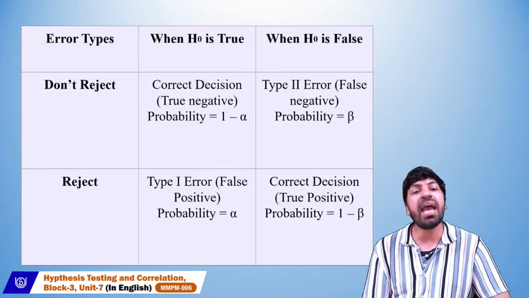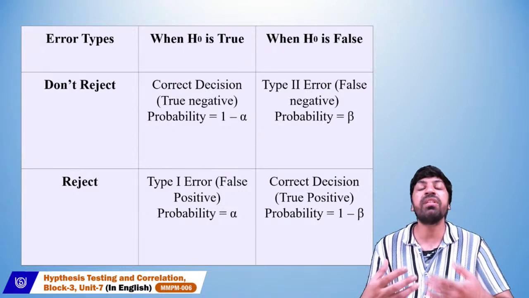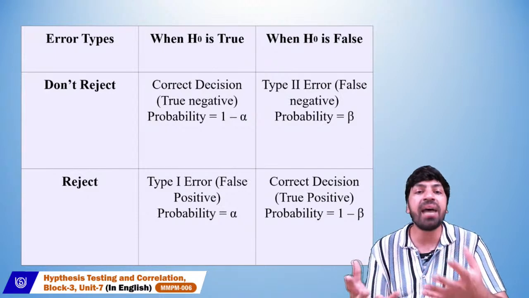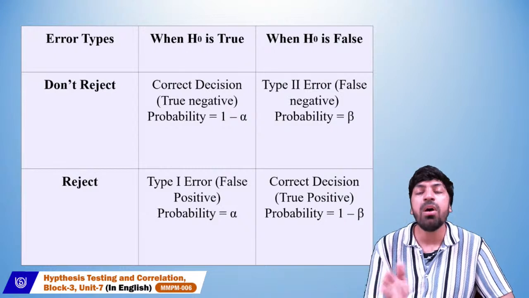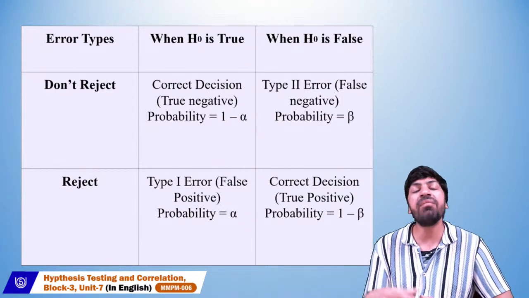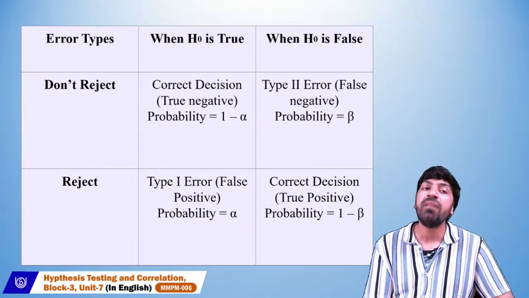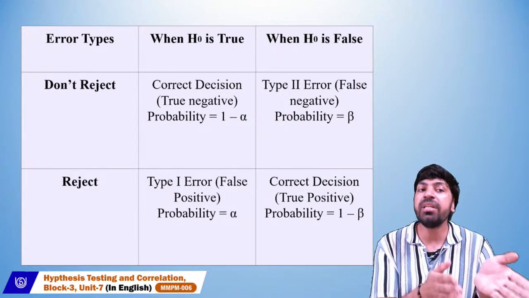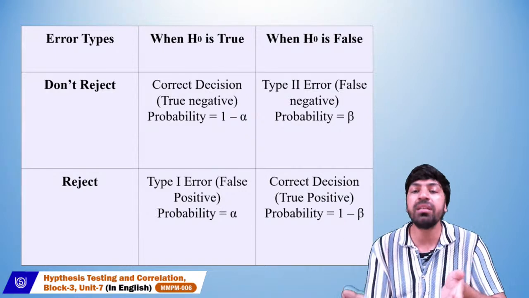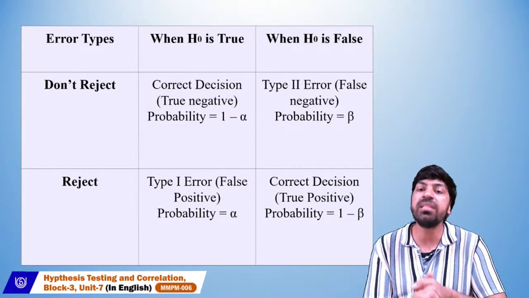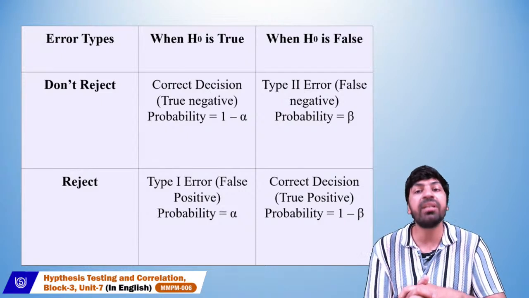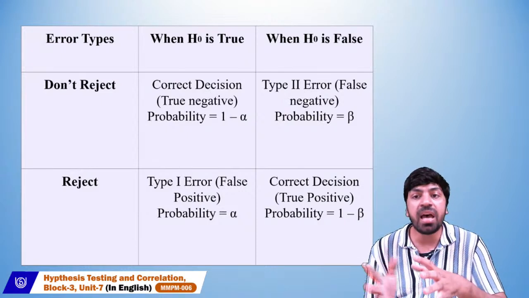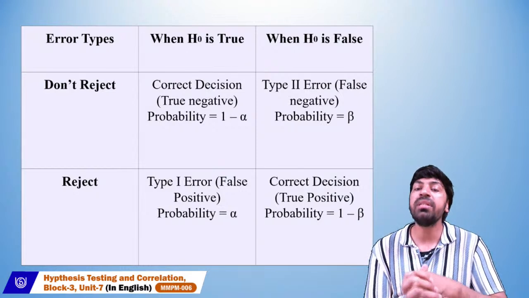But type 2 and first error. So let's talk about the second error. If the null hypothesis is false, or in other words, if the null hypothesis is not true, and the researcher has not rejected the null hypothesis, that is called the type 2 error, which stands for beta, and it's a false negative.